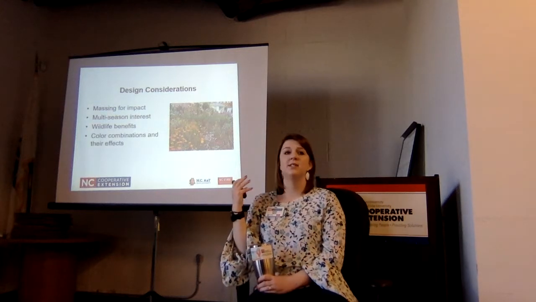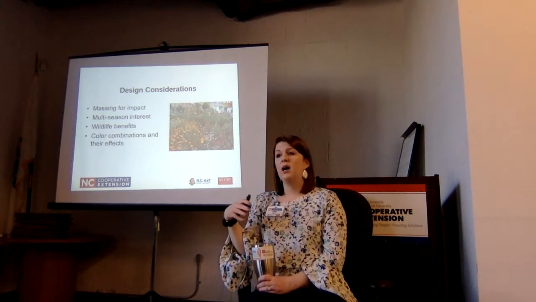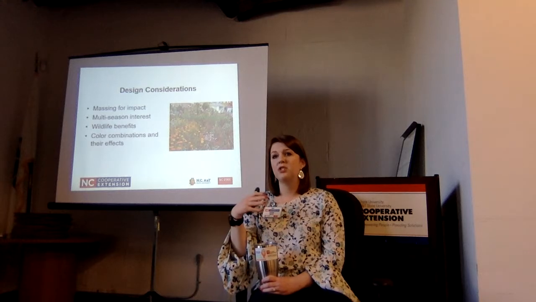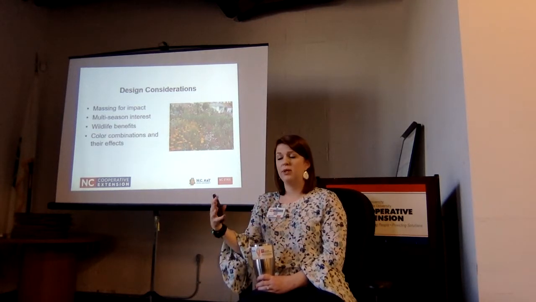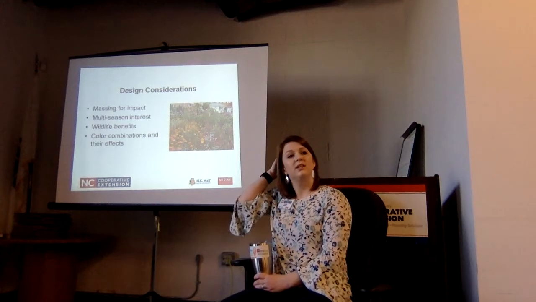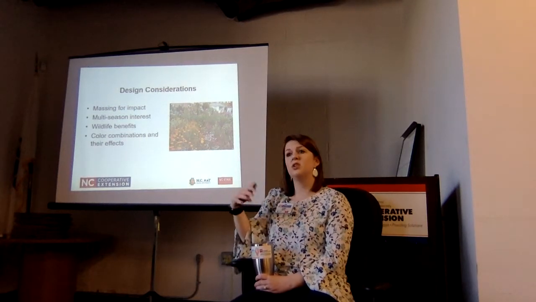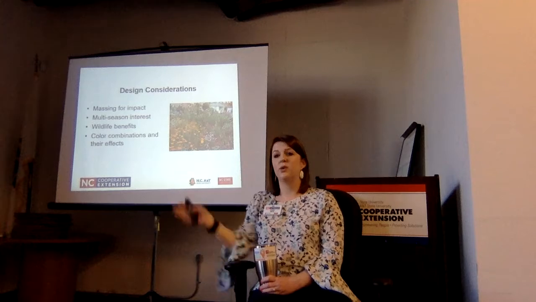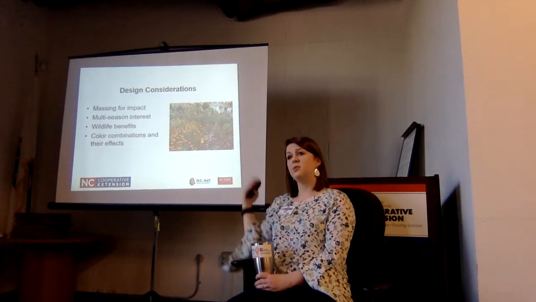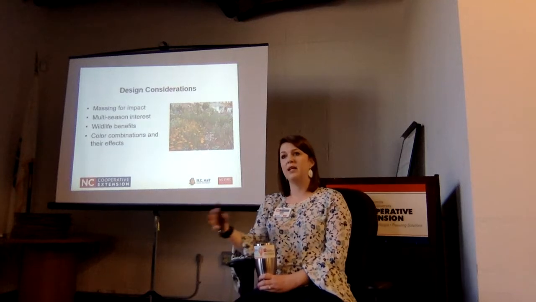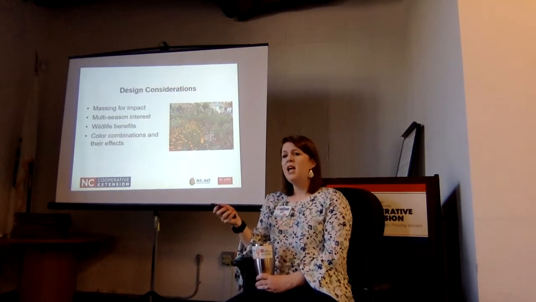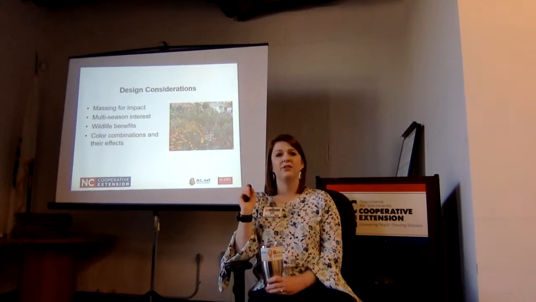This is often done with annuals, which are planted much closer together because they're shorter-lived than your perennials. And then thinking about multi-season interest so that you can have 3 growing seasons' worth of blooms, and that has a lot to do with the wildlife benefit as well, providing food sources for pollinators throughout the year. And then color combinations and their effects.